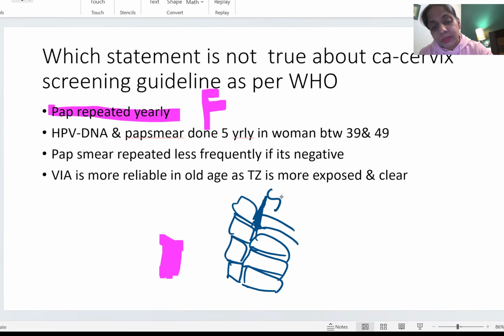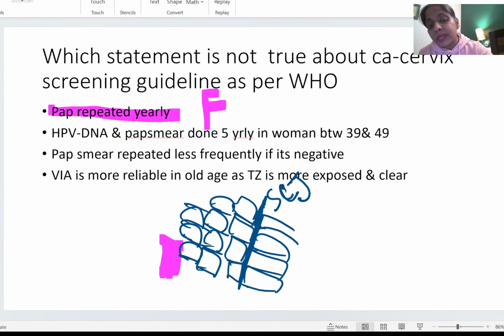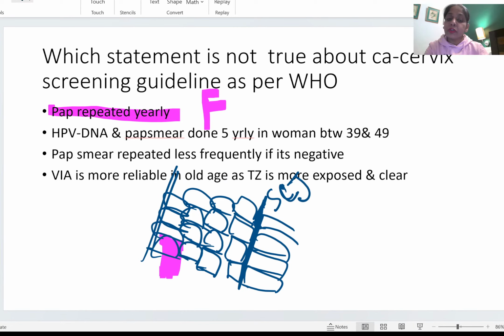This border is the squamocolumnar junction. And this whole area where the metaplasia has occurred, where initially it was a columnar epithelium and then now there is squamous epithelium, that is the transformation zone.